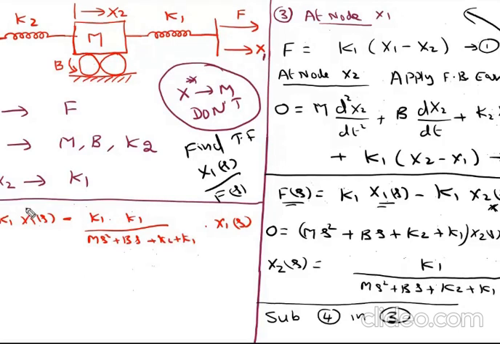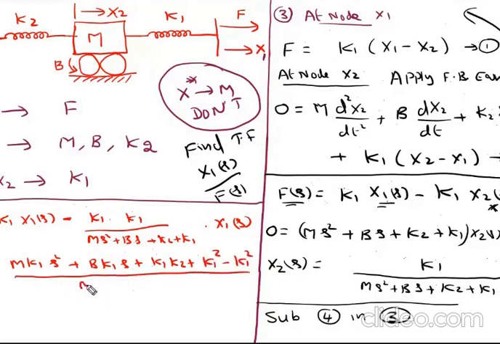Next, if you just cross multiply these things, the numerator changes to m k1 s square plus b k1 s plus k1 k2 plus k1 square minus k1 square, divided by m s square plus bs plus k2 plus k1.